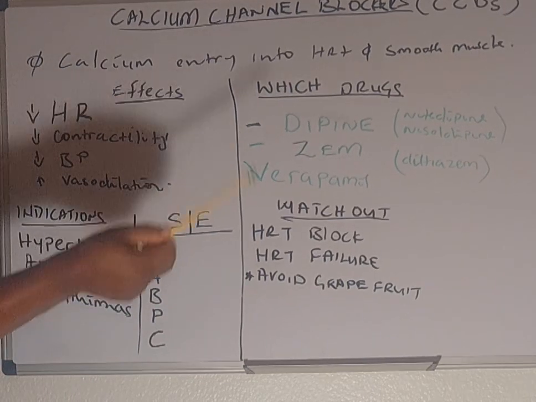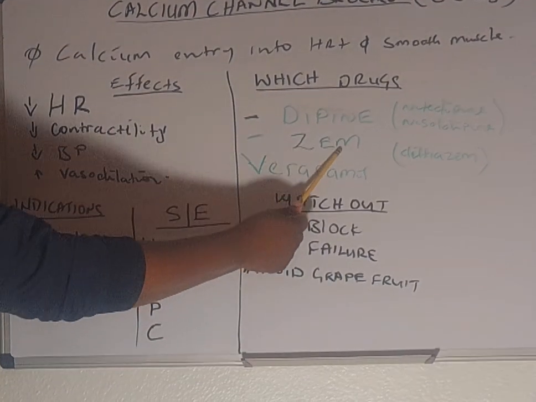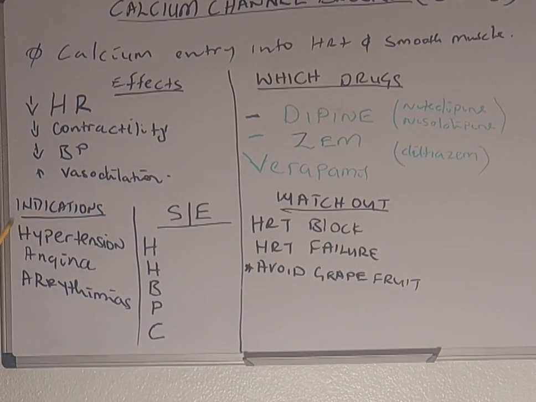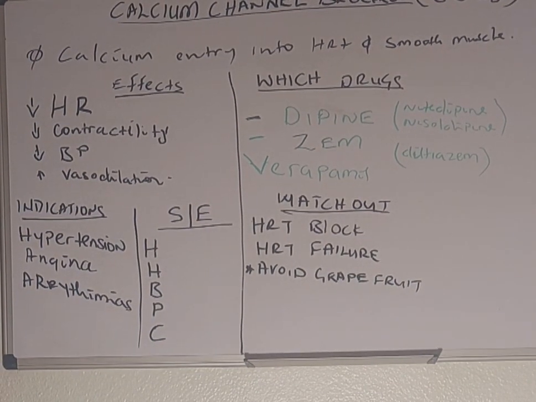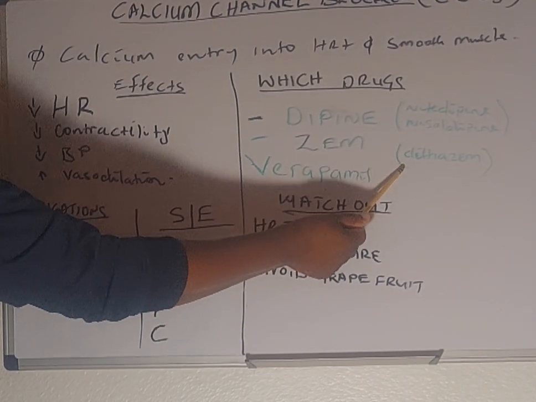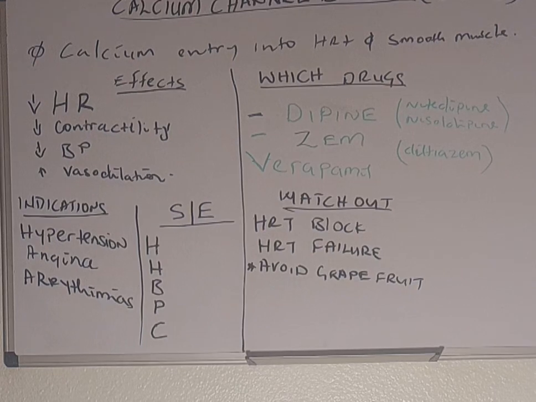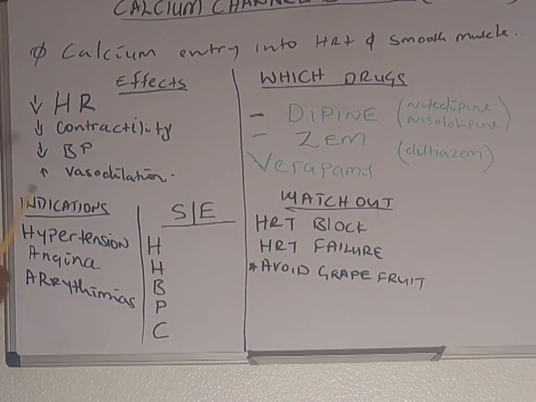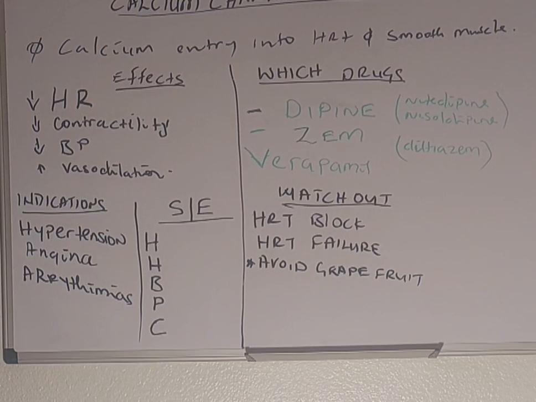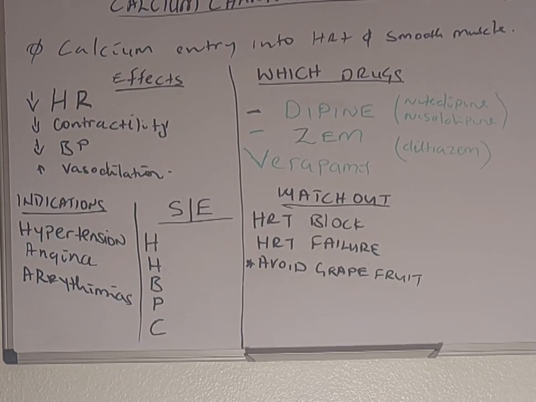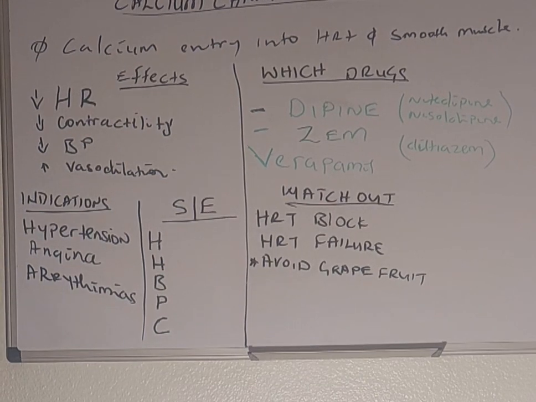Also, we have drugs that end with zem. It's another ending of the calcium channel blockers. We have drugs like diltiazem. There's only one drug that you have to know, which is verapamil. So all the drugs that end with dipine, all the drugs that end with zem, and verapamil, these are the calcium channel blockers.